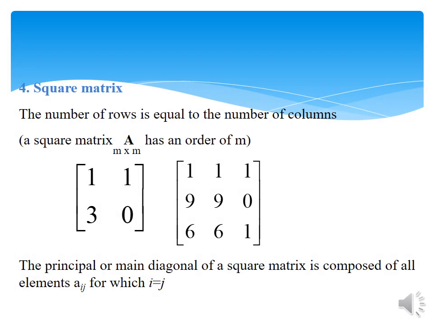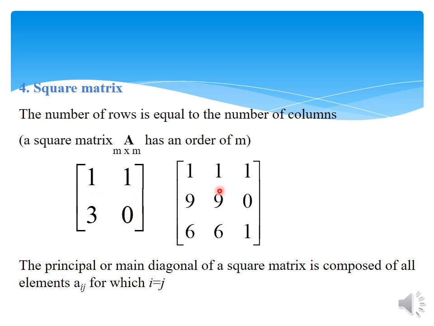Now students, square matrix. The number of rows equals the number of columns. Students, if the number of rows and columns are equal, then it is a square matrix. A square matrix m by m has order m. For example, here is an example: this matrix has 2 rows and 2 columns.